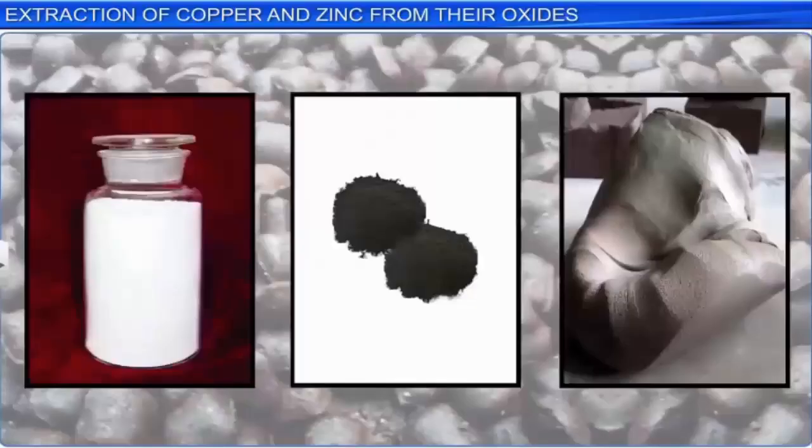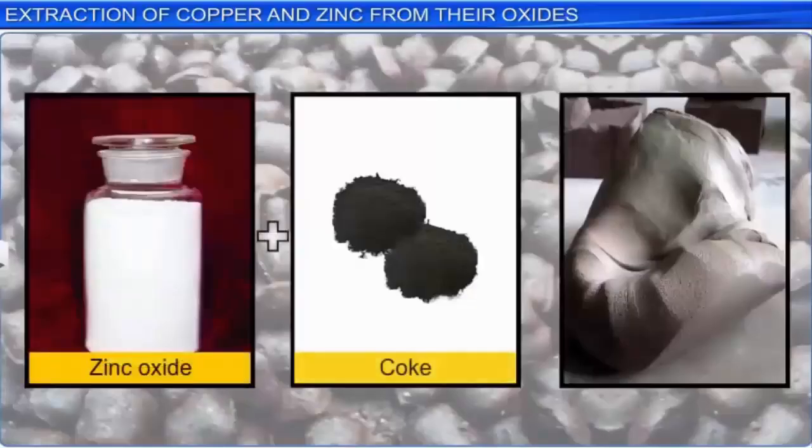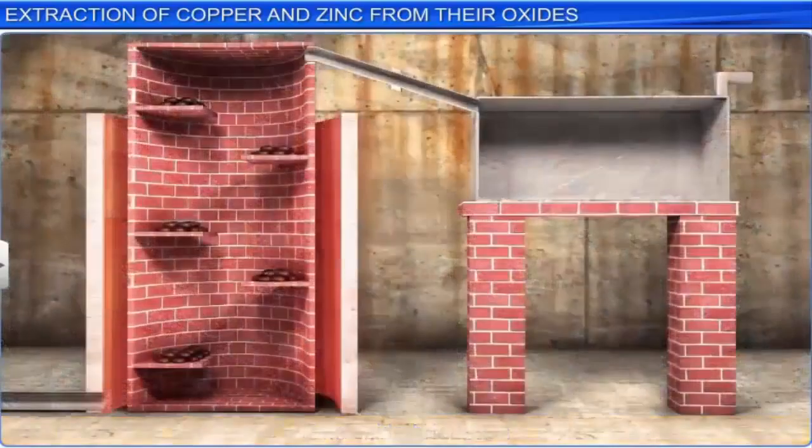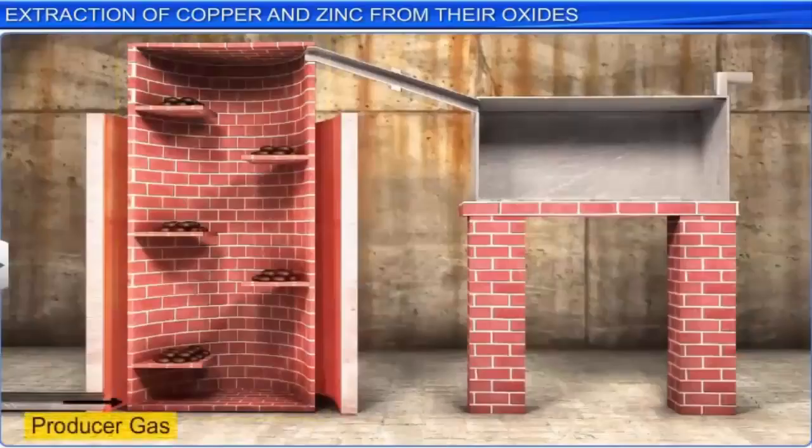In practice, zinc oxide is powdered, mixed with coke and clay, and then made into small briquettes. The briquettes are placed in vertical retorts that are lined internally with clay bricks. Producer gas is used as the fuel to heat the charge.